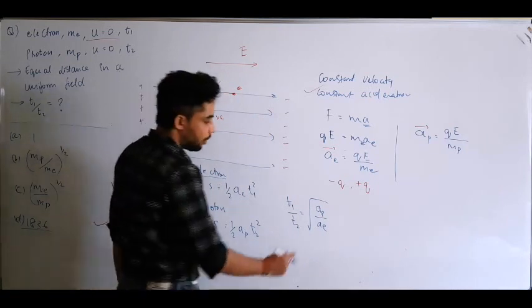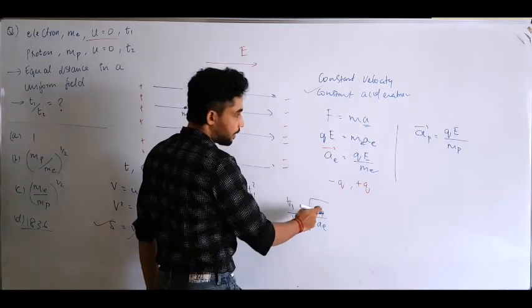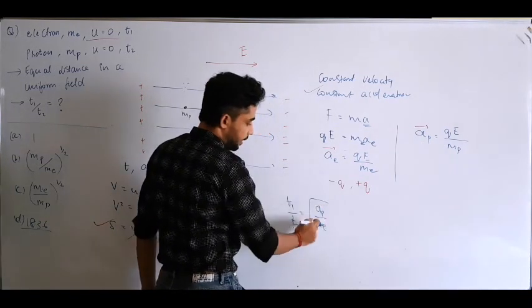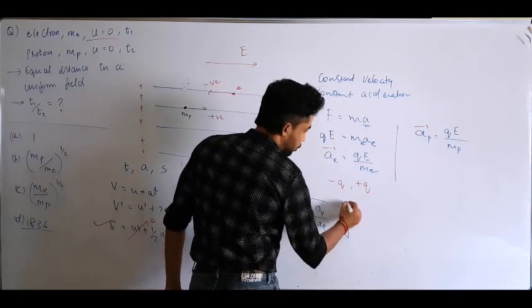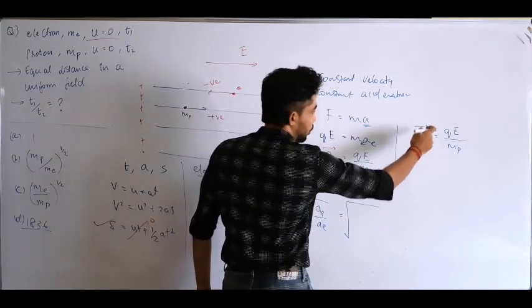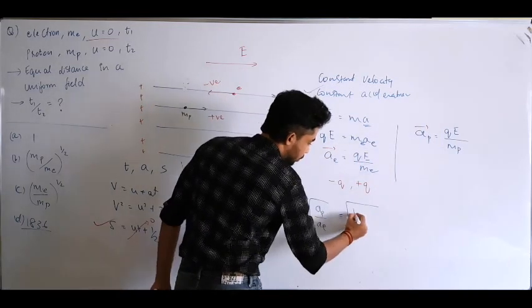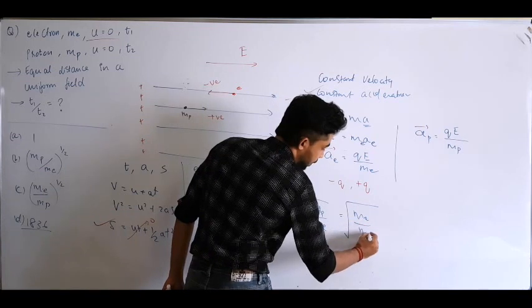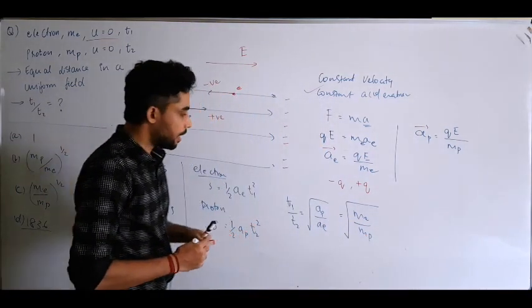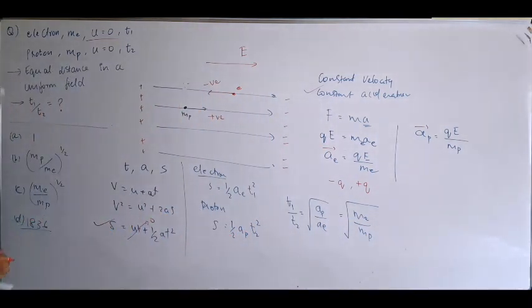I know what ap and ae are, so if I substitute them in this expression, q cancels, E cancels, and me will come up, so I'll get the square root of me by mp. So from the options, the correct option should be C.